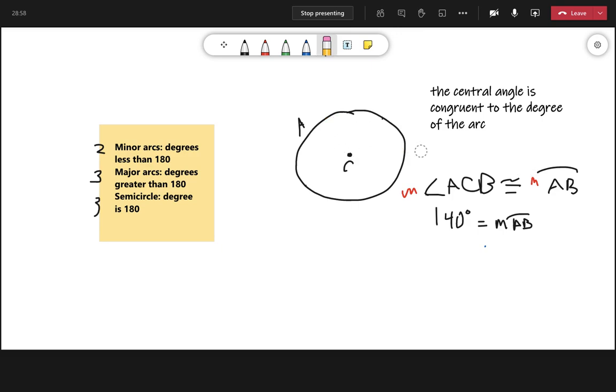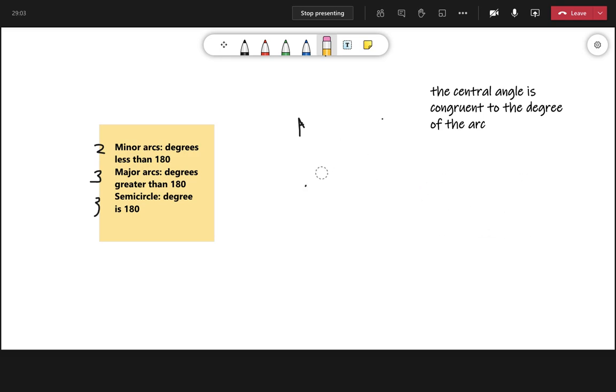I'm going to draw a little bit more elaborate picture this time.